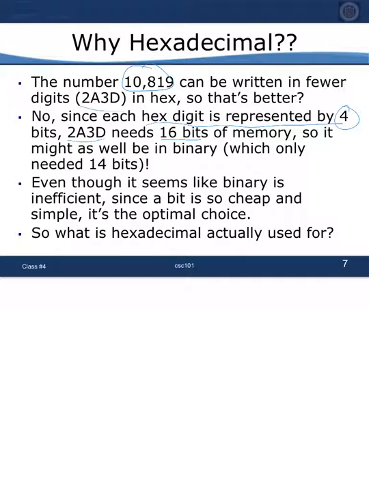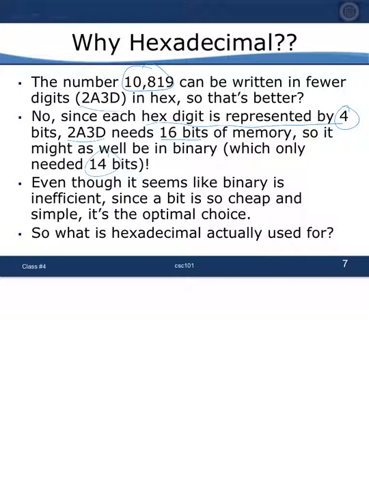Oh, well, remember the binary version that I had a few slides ago, with just zeros and ones for 10,819, only needed 14 bits. Oh, so hex in some ways is actually even worse, or even less memory efficient, if we switch everything back to bits to try to communicate in the language the computer speaks. I actually end up in some cases in worse situations.